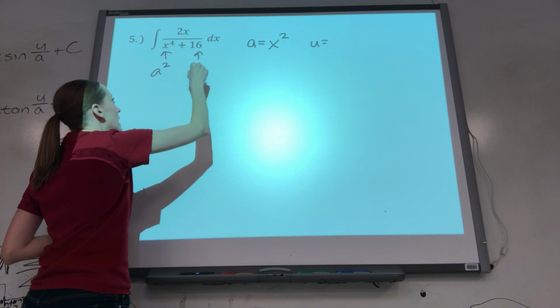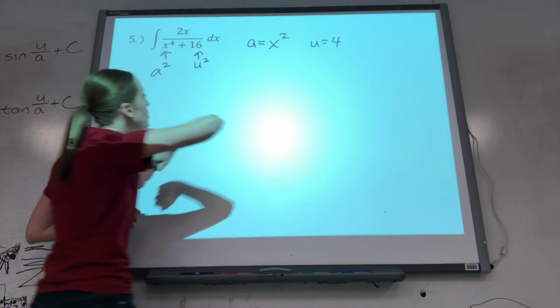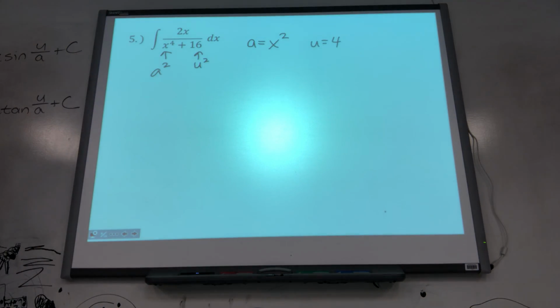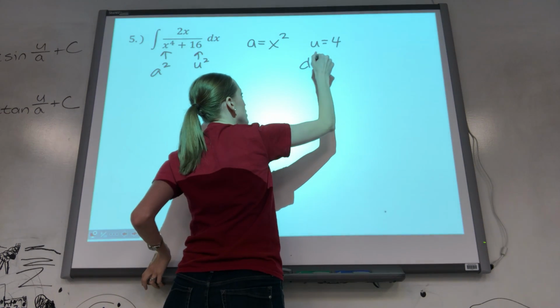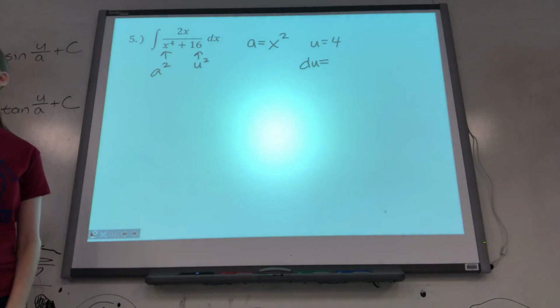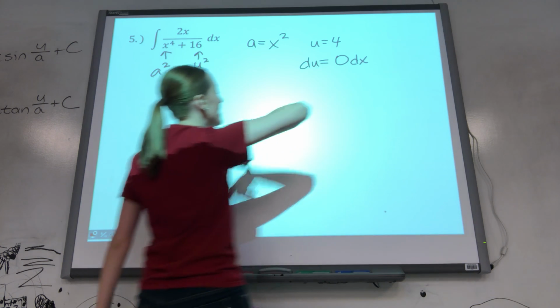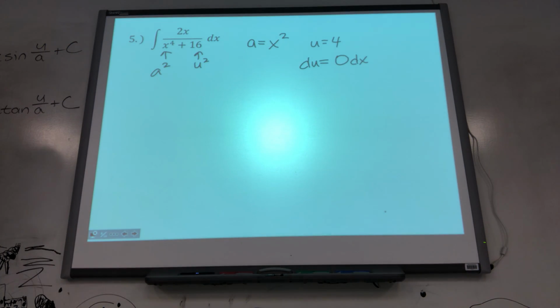Now, u squared is 16, so that means u would have to be 4. Now, this is kind of the weird part. When I go to check du, what's the derivative of 4? 0. Derivative of any constant is 0.